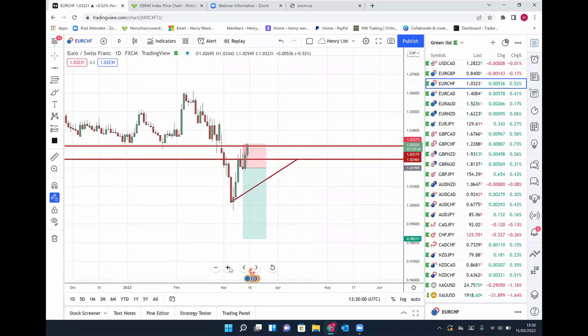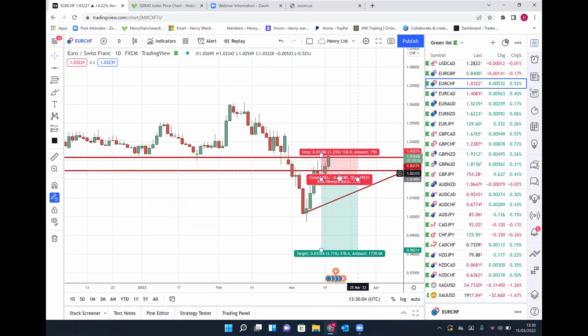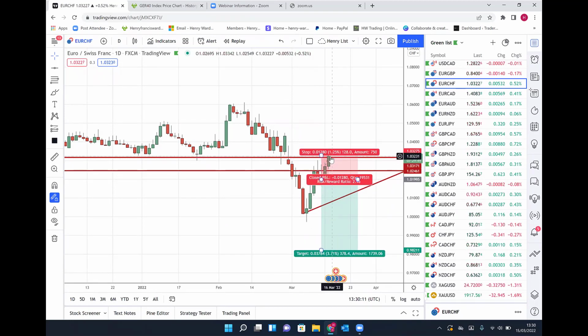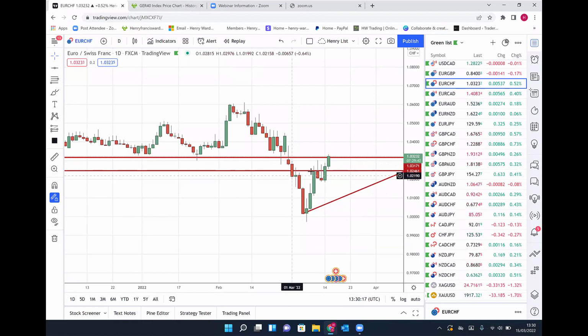And we talked about this potential trade here being a break and retest. We have that high test bar there. And today, if you'd have taken it, you would have been stopped out. But we have now come back into that level.